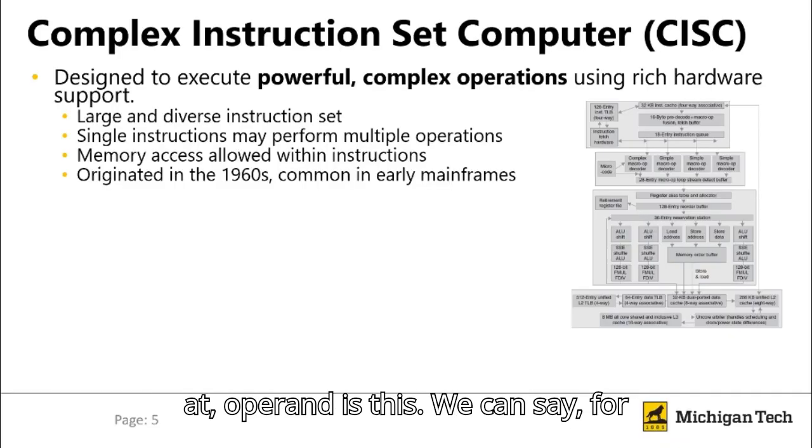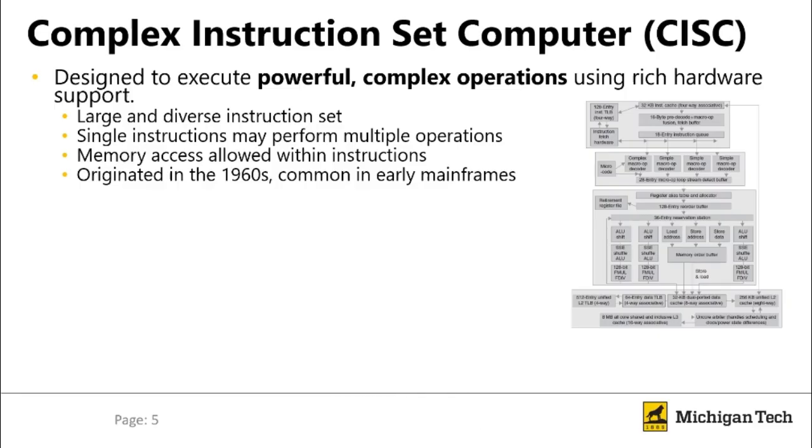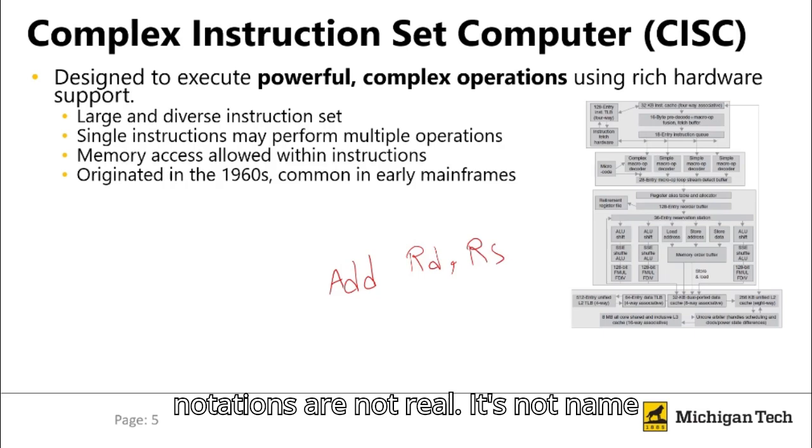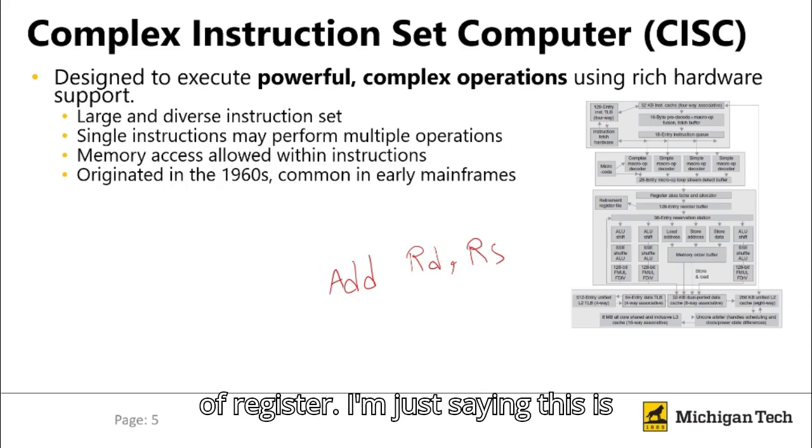Like when you say add, for example, we have our destination and our source. These notations are not real, it is not the name of a register. I'm just saying this is source and destination.